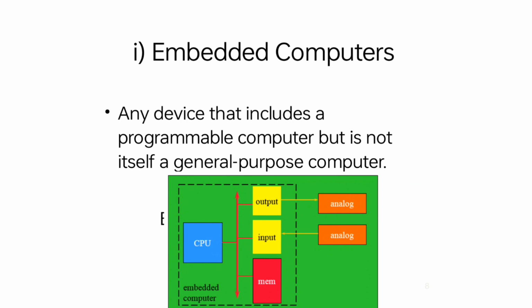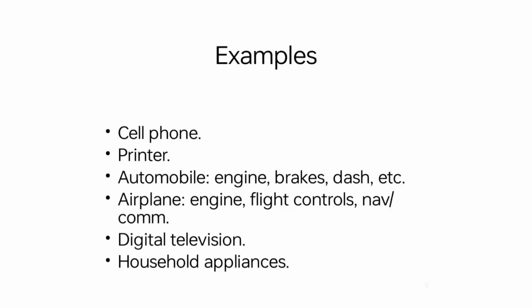An embedded computer is any device that includes a programmable computer but is not itself a general purpose computer. For example, cell phone, printer, automobile engine, brakes, and so on. Airplane, engine, flight controls, navigation, communication, digital television, household applications.